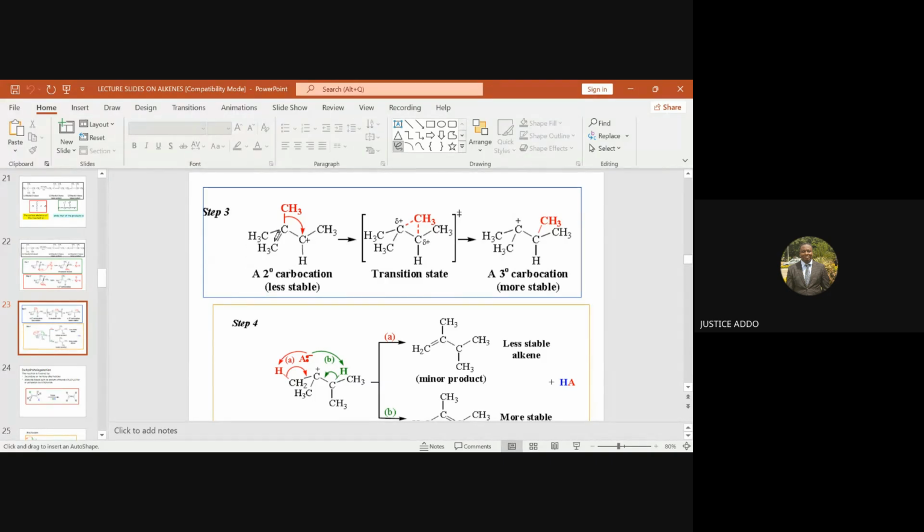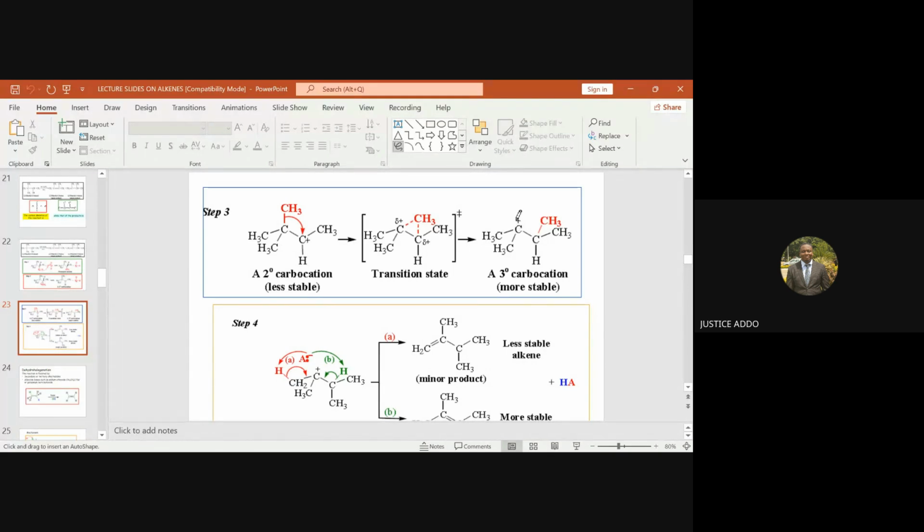So here, you could see that this carbon, which is having the positive charge, which we are calling a secondary carbocation, there are 3 methyl groups which are adjacent to it. So we can move one of the methyl groups from where it is to this carbon that is having the positive charge. Now, when you move this methyl group here, then this carbon will now be having 4 bonds. And the previous carbon where you moved it from will be having 3 bonds, as you can see here.